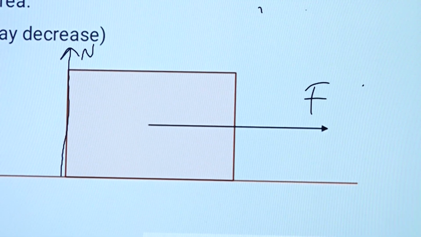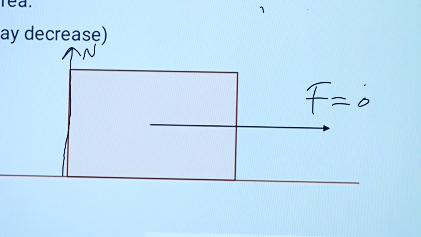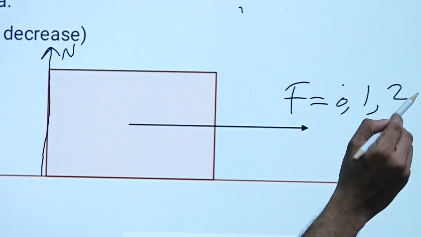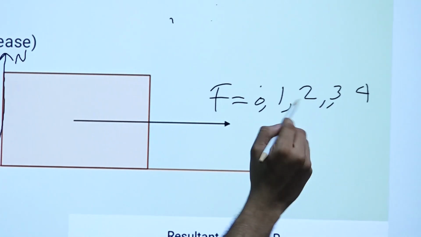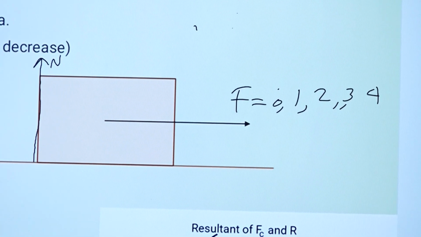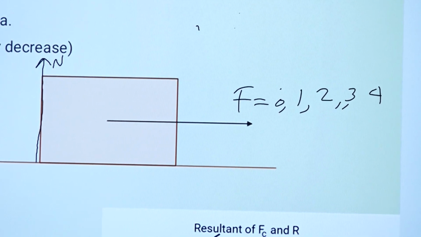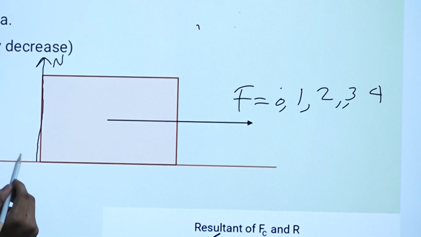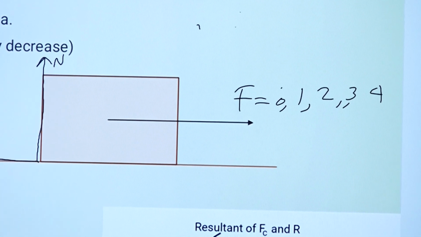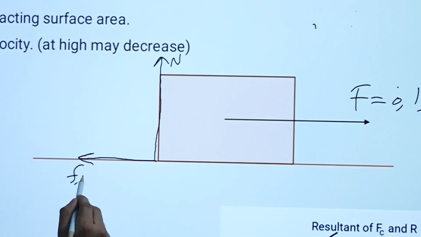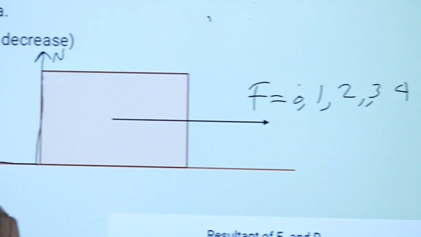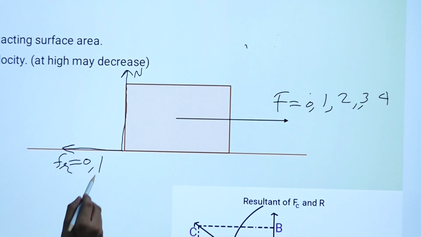Initially this external force is 0, so nothing will happen. Now we keep on increasing this force, 1, 2, 3, 4, up to the threshold value. When the external force is 0, the friction force is equal to 0. When the external force is 1, the frictional force is 1.